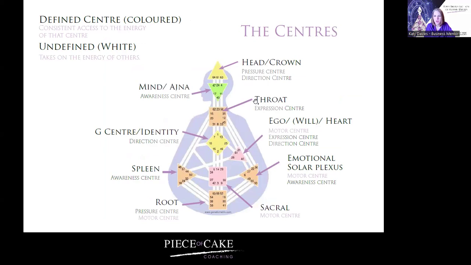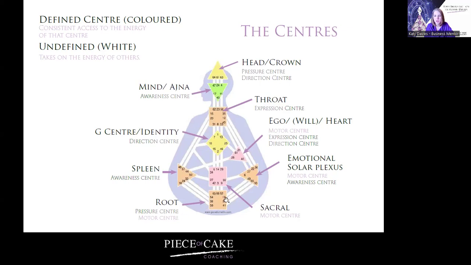You have the throat. You have this little triangle here, which has 3 different names, which can be confusing: the ego, the will, or the heart, and people interchange those 3. They're all the same one. You have this one here, which is the emotional solar plexus, which some people abbreviate as ESP. You have the sacral, which is this big box in the middle.